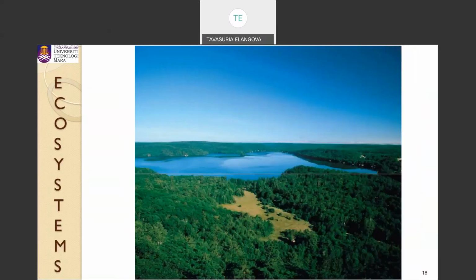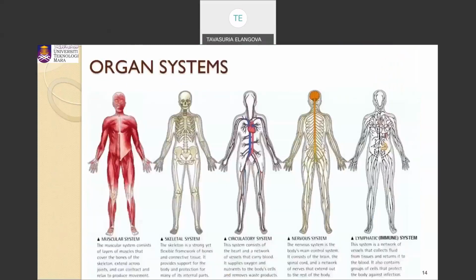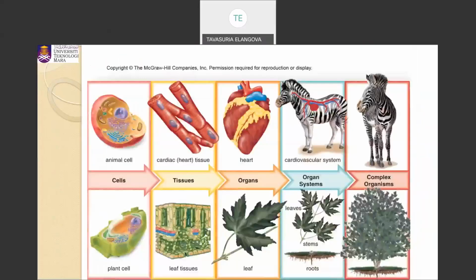Let's try to see the hierarchy at the cellular level together with an example. The cellular level means starting from the cell until the organism. For example, let's say you have to construct the hierarchy based on the heart as an organ.